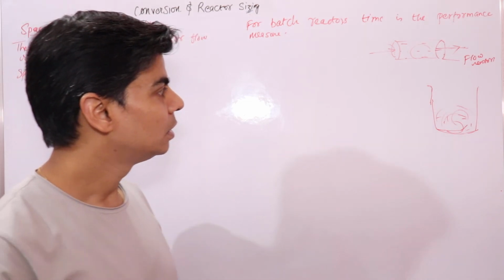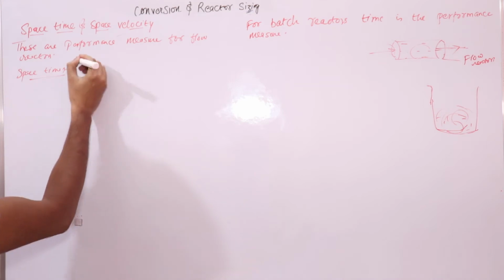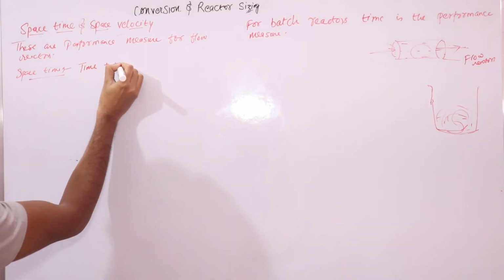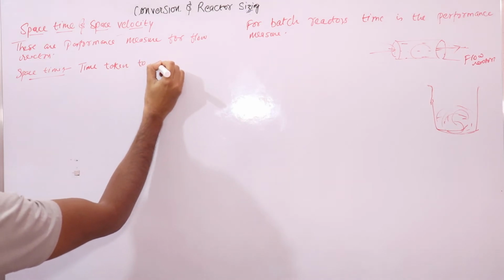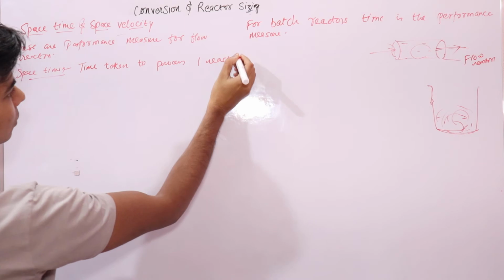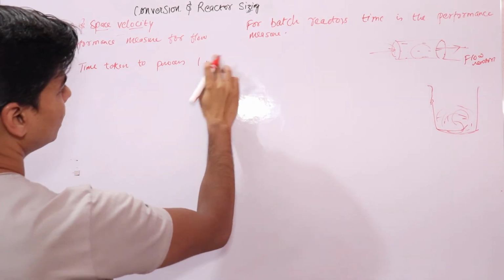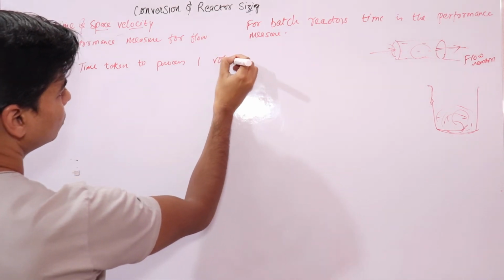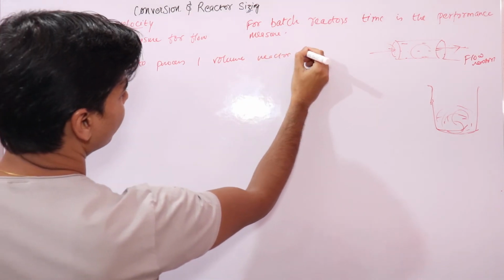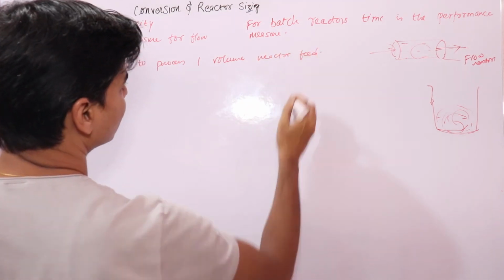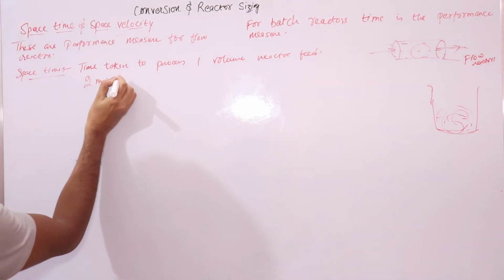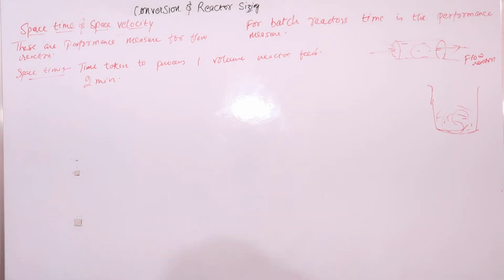That way. Now, so this is your time taken to process one reactor feed, let's say one volume of reactor feed, right? So if I say 2 minutes, space time is 2 minutes.